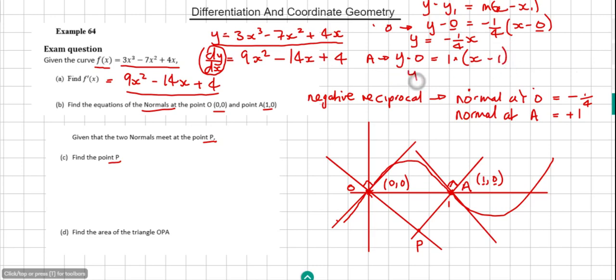That will give me y equals x minus 1. So those are the two equations of our normals, which we were asked to find. So that's part B done.